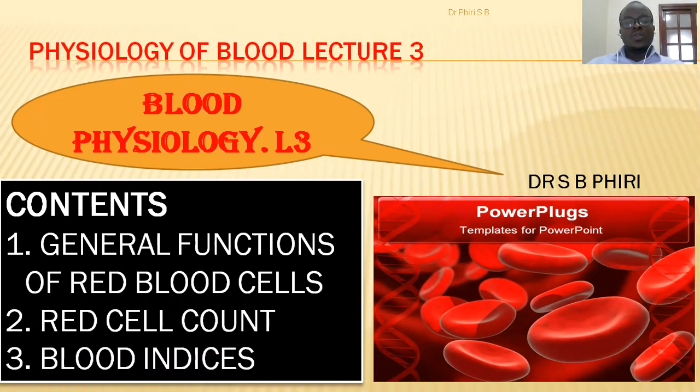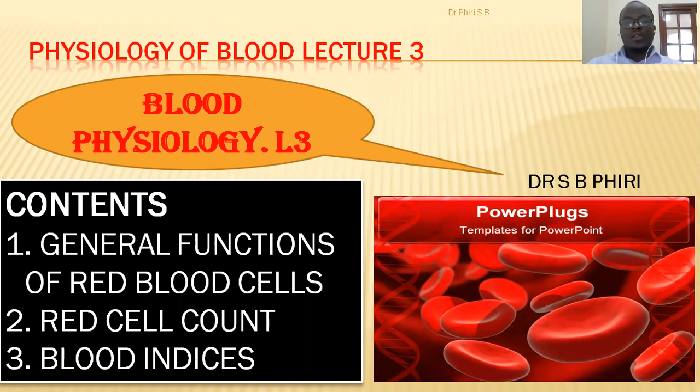How can you do a red cell count? There are different ways: you have automated, or you can do a manual count of red blood cells. Mainly we are going to discuss the manual counting of red blood cells, and then later on we'll look at blood indices.